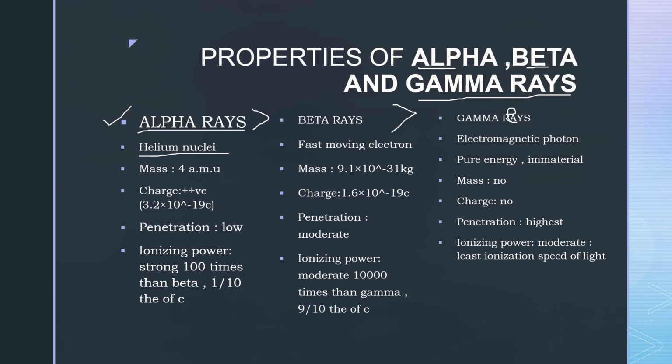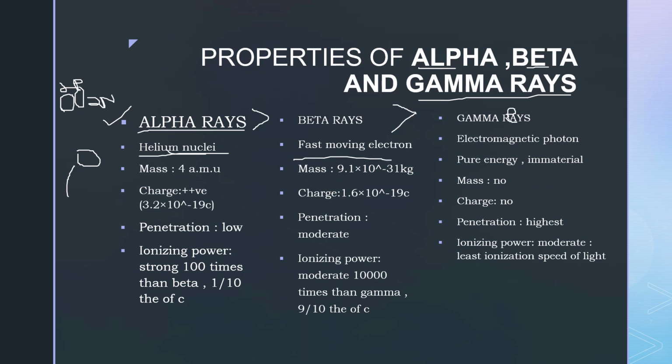So first of all, what are alpha rays? Alpha rays are helium nuclei. During the discovery of the alpha rays, the electrons were kicked out, but what was left? We were left with two protons and 2 neutrons. So that's why we say that it's a helium nucleus.